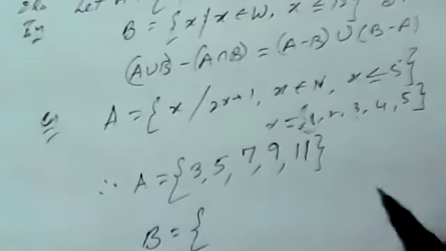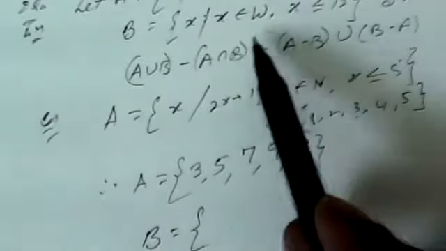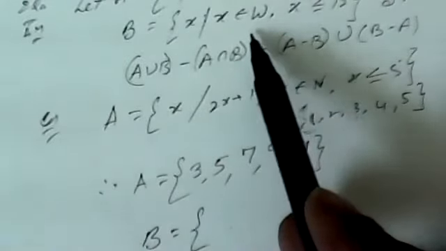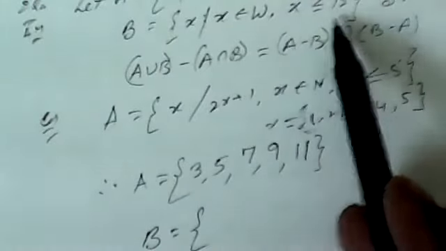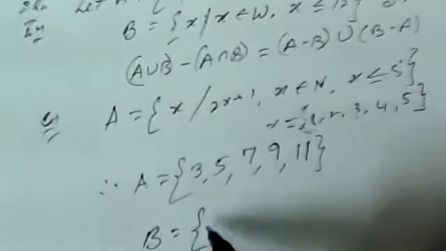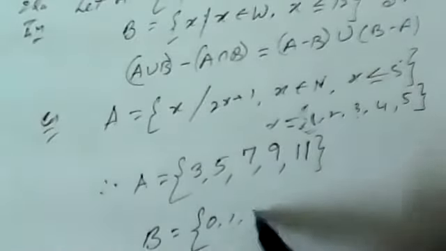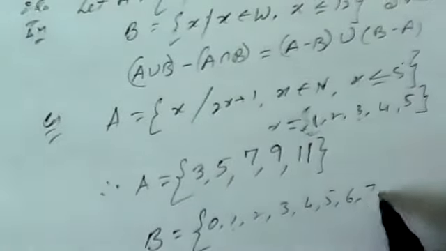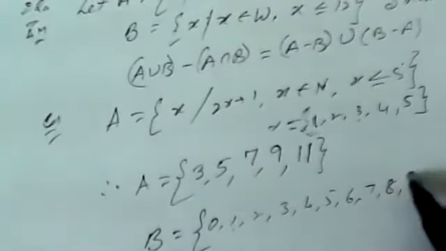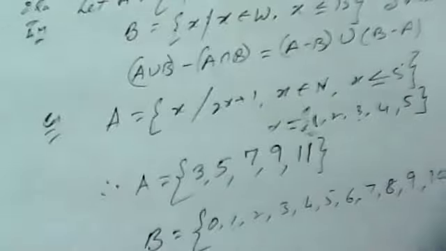In set B, let us list out the elements of set B. Whole number starts from 0 and x is less than or equal to 12, means 0 to 12. Means we have 0, 1, 2, 3, 4, 5, 6, 7, 8, 9, 10, 11, 12.